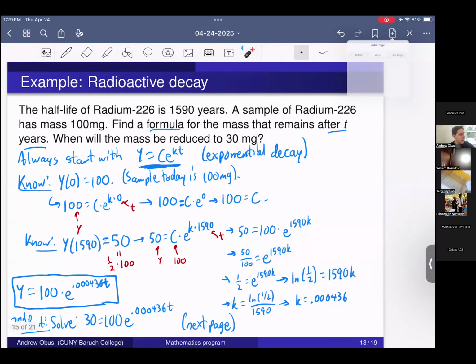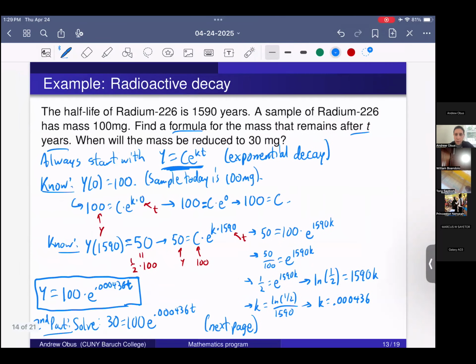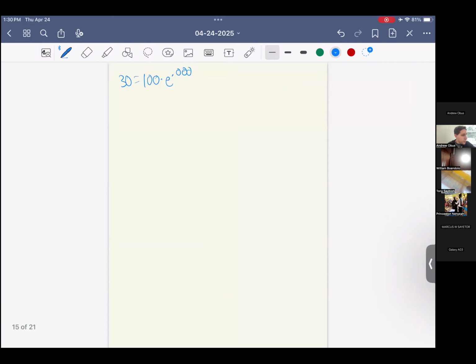Okay, so we have 30 equals 100 times e to the 0.000436t.